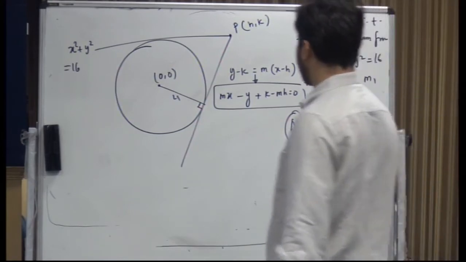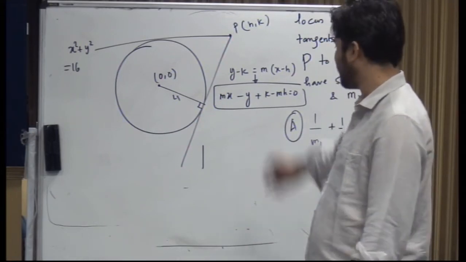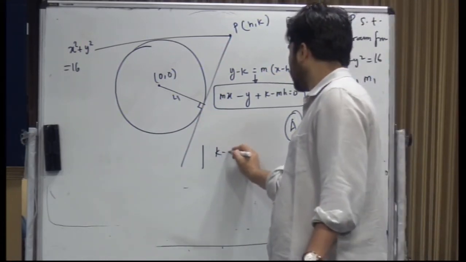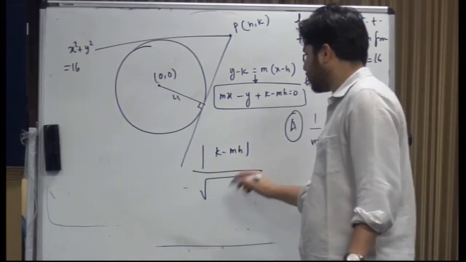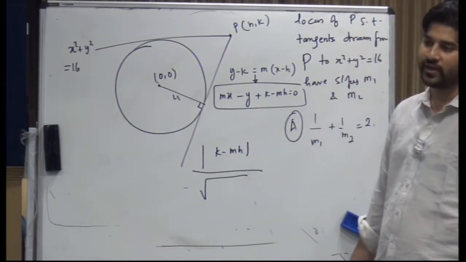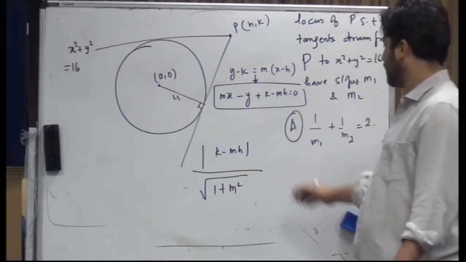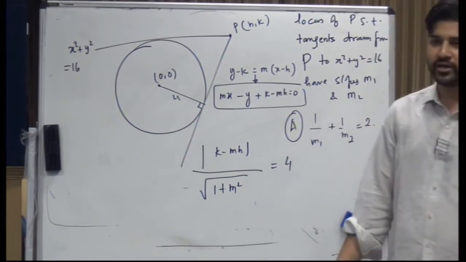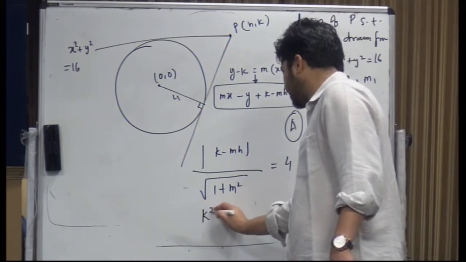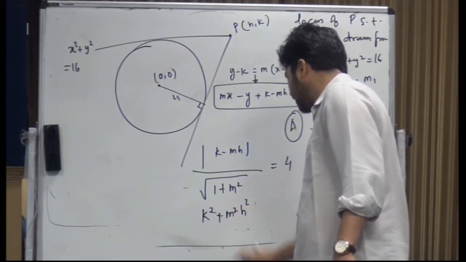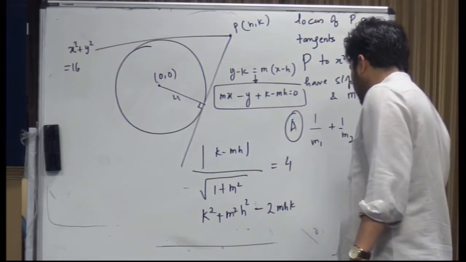So finding the distance, since origin will help me eliminate x and y, I will be left with mod of k minus mh upon under root, what is the coefficient of x and what is the coefficient of y? So 1 plus m square is equal to 4. How to get rid of mod? Squaring. So what do I get by squaring? k square plus m square h square minus 2mhk is equal to 4 into 1 plus m square.